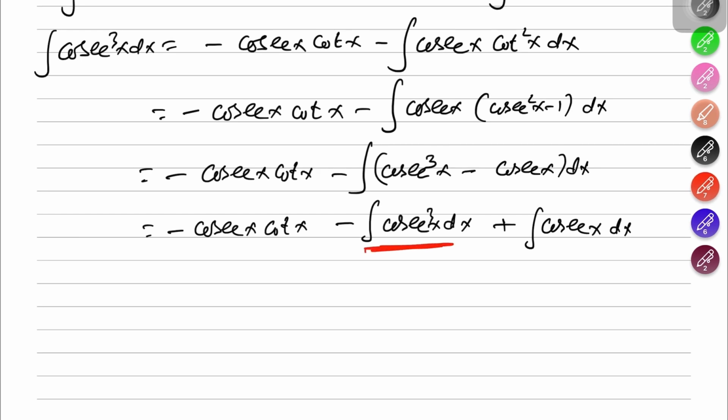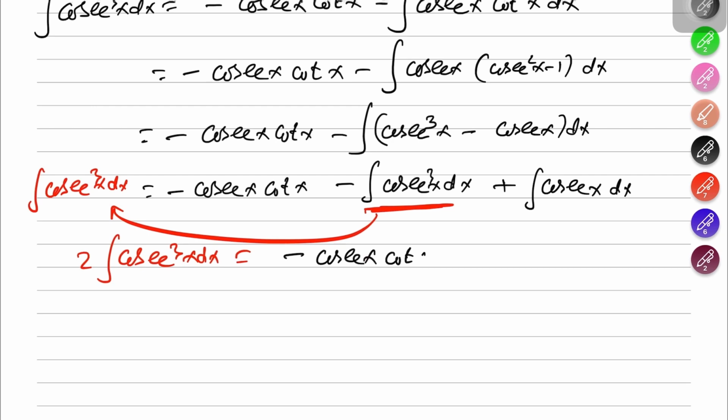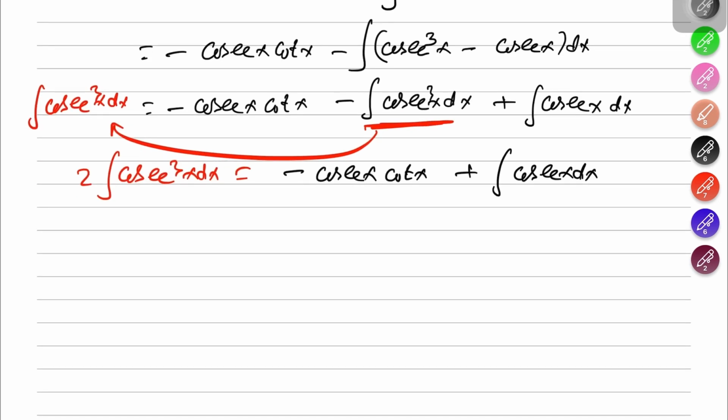Again this part will go to the left-hand side, and the left-hand side is cosec cube x dx. So that becomes 2 times the integral of cosec cube x dx, and the rest of the part is minus cosec x cot x plus the integration of cosec x dx.